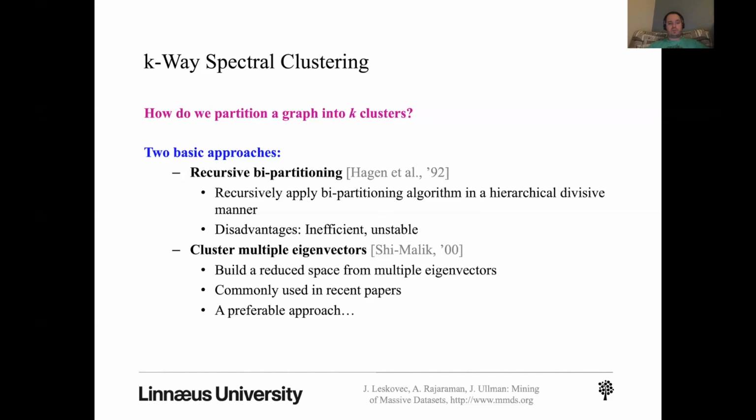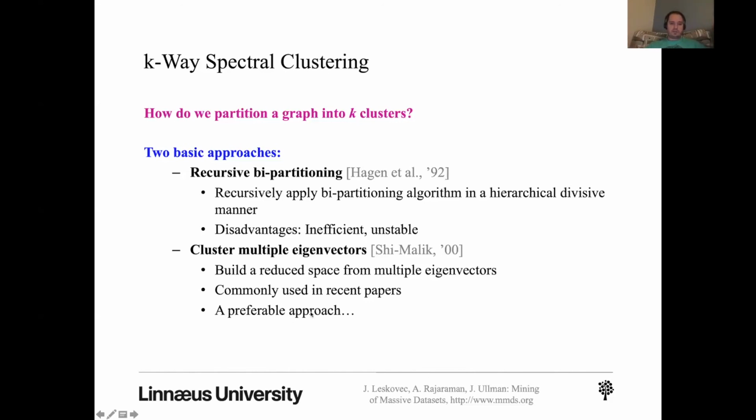But what we could do is simply build a reduced space from multiple eigenvectors. So for example, what if we take 2 eigenvectors? Then we can embed this network in a 2D space and not in a 1D space anymore. So we get 2 coordinates per node, and we put these nodes into 2D. After we do that, you can cluster that.